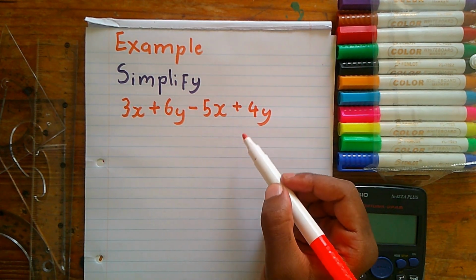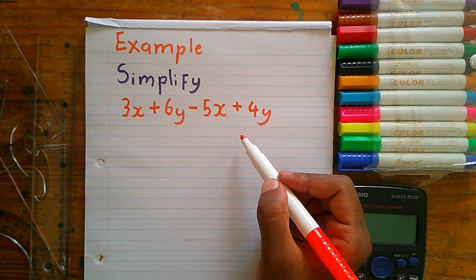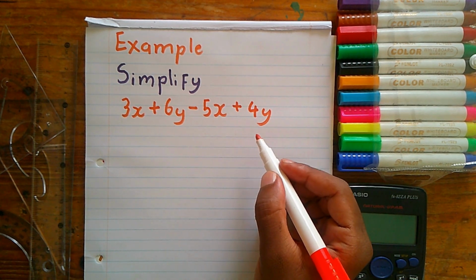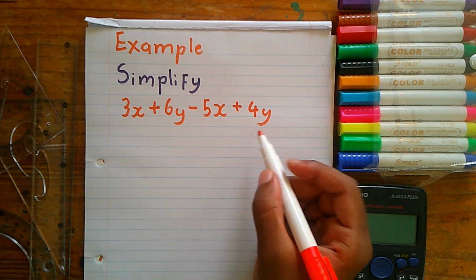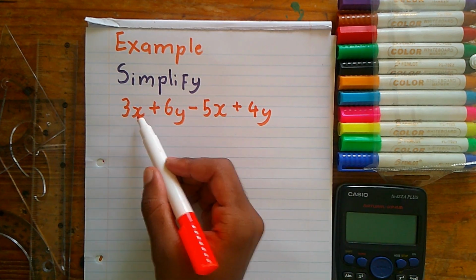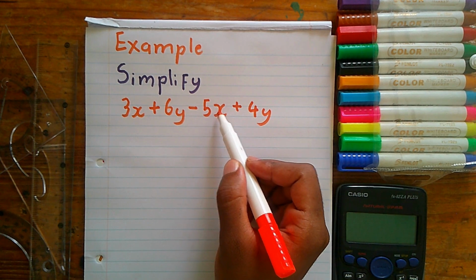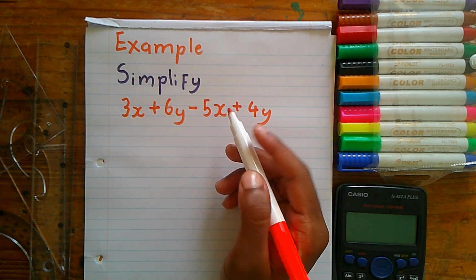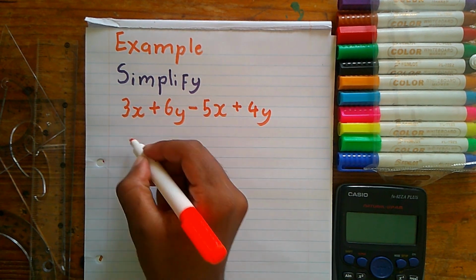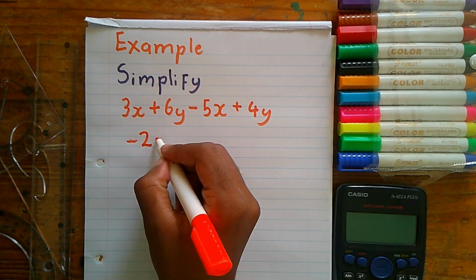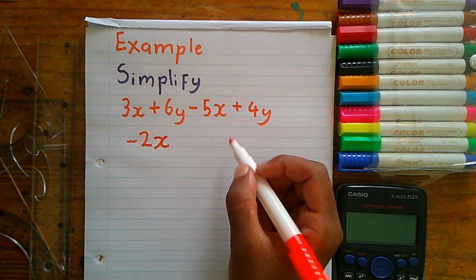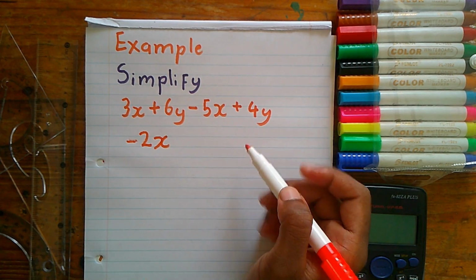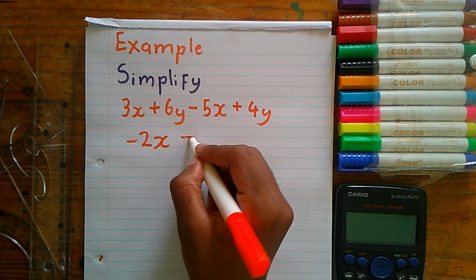Remember, like terms are terms with the same variables or exponents. Let's combine our like terms. What is 3x minus 5x? That is going to be negative 2x. And what is 6y plus 4y?